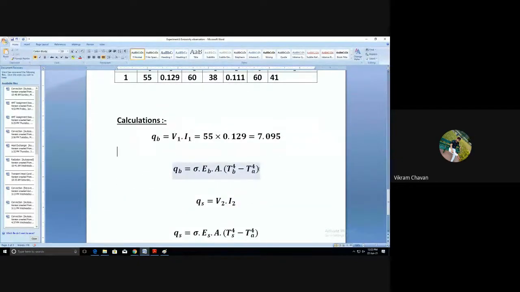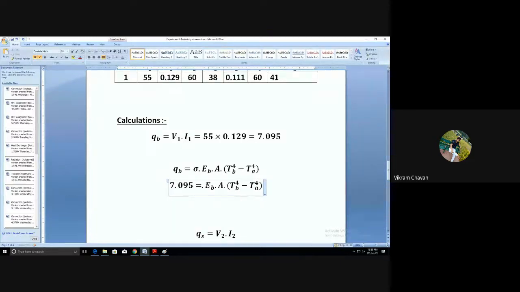Then we have to calculate the emissive power of a black body. QB we have just calculated, 7.095 watt.